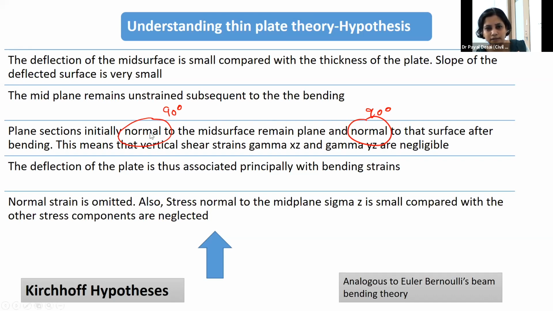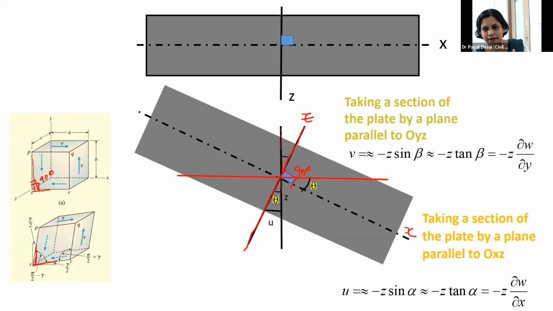The meaning of this is, on this surface there will be a gamma xz and a gamma yz. These two shearing strain components will be approximately 0. And this is about thin plate theory, that you are neglecting these two shearing strain components.